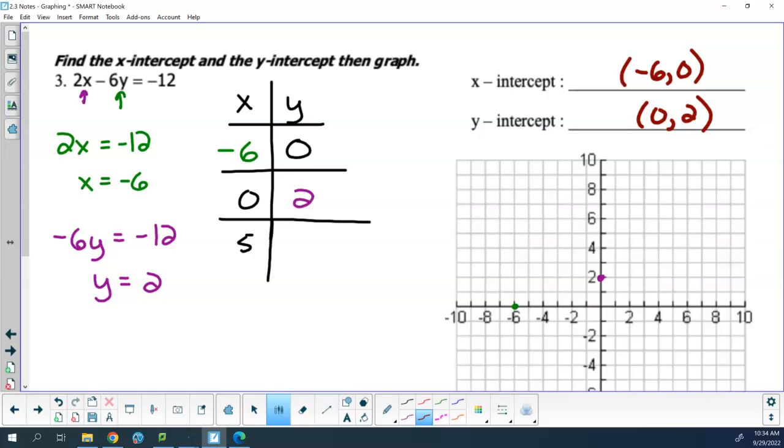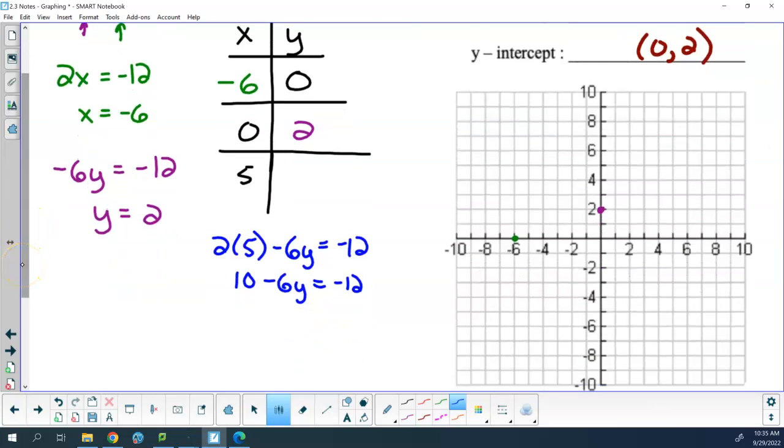Then to find that third one, I'm just going to plug in 5 now for x. 2 times 5 is 10. Subtract 10 from both sides. Divide by -6.